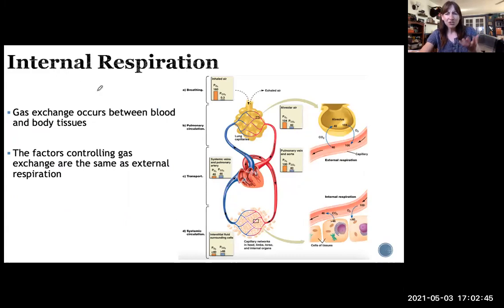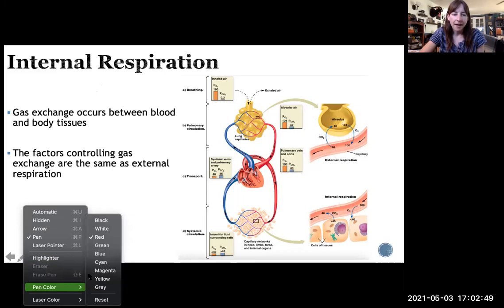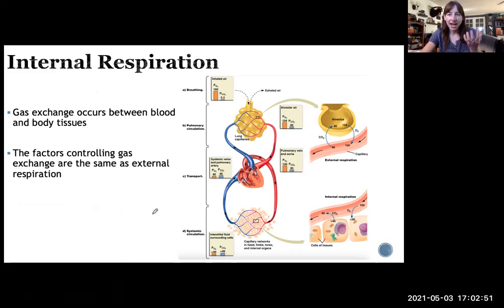All right, internal respiration. In short, the physics are the same. You need to have a higher partial pressure in the place you're coming from than in the place you're going to, so that the gas will go in the right direction, whether that's from the blood into the tissues or from the tissues into the blood. This is the part we're talking about now.